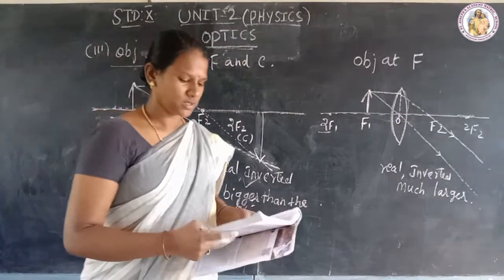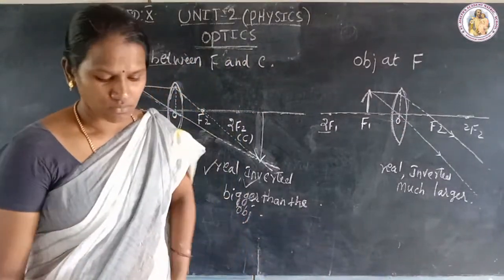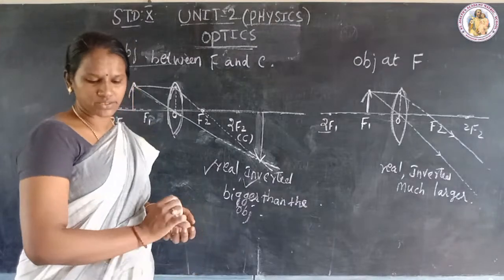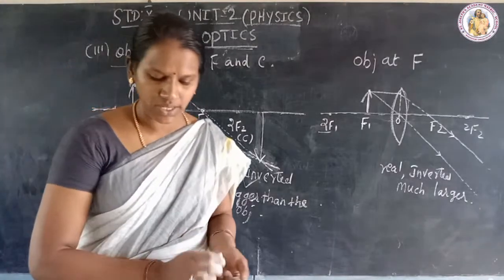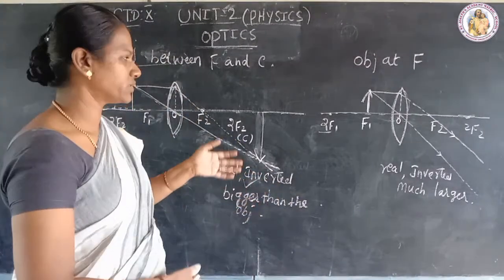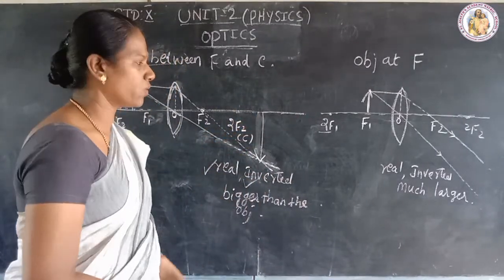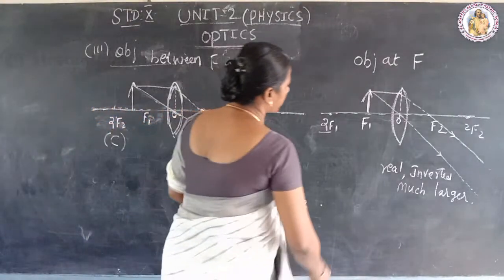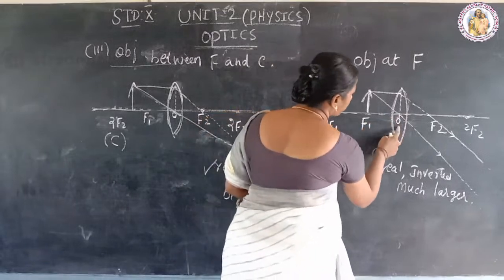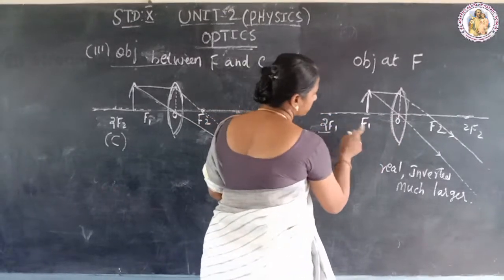Then the object placed between the principal focus and the optical center. What happens if we keep the object in between the optical center and the principal focus?